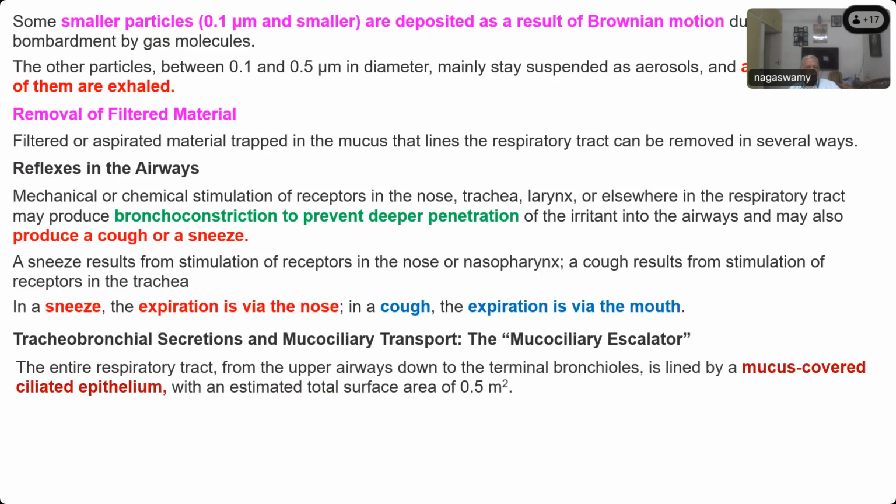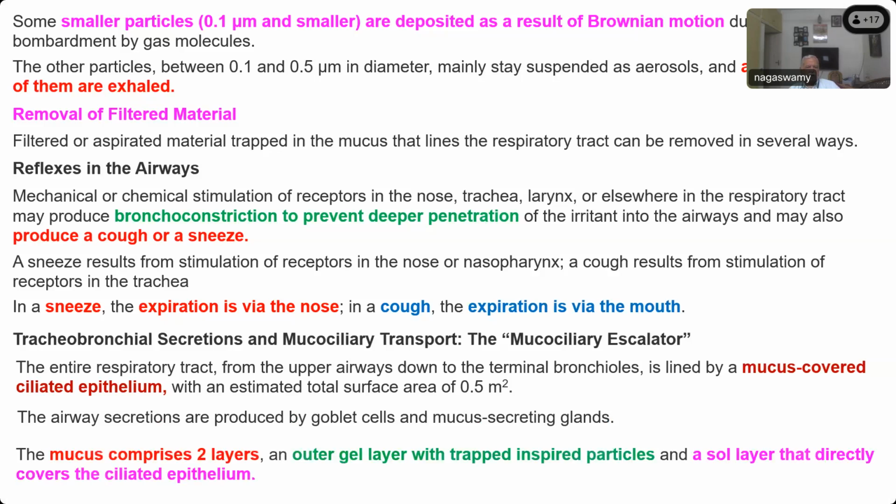So the entire respiratory tract from upper airways down to terminal bronchiole is lined by mucus-covered ciliated epithelia, which are an estimated surface of 0.5 square meters. The airway secretions are produced by goblet cells and mucus secreting glands. So there are two types of cells in the mucosal lining. One is the goblet cell, another is the mucus secreting cells.